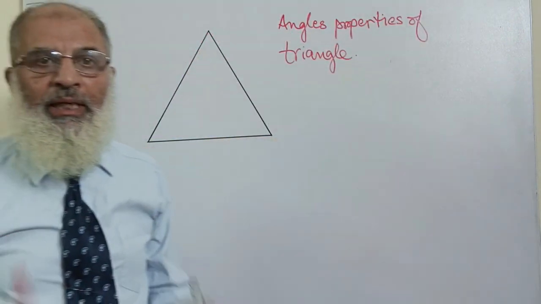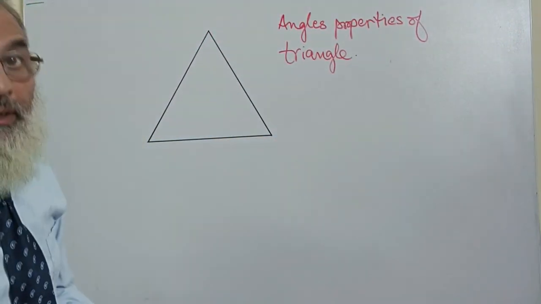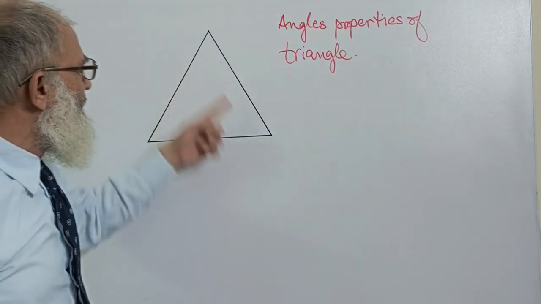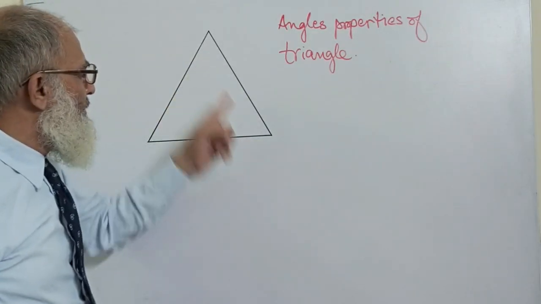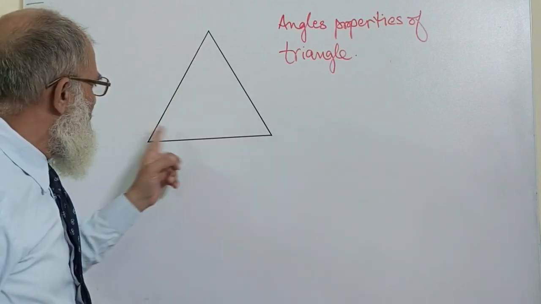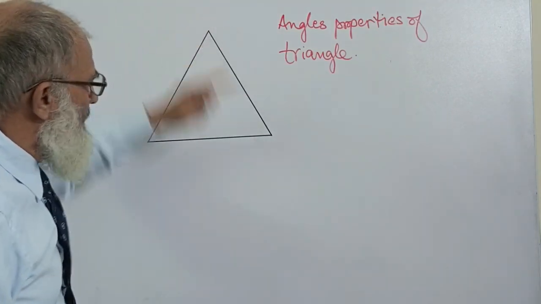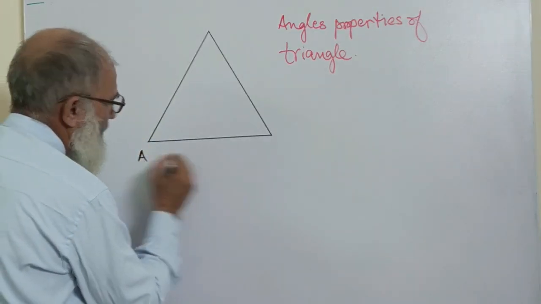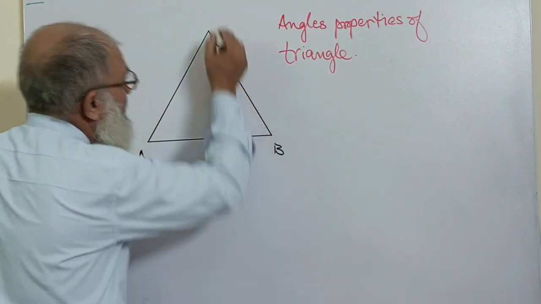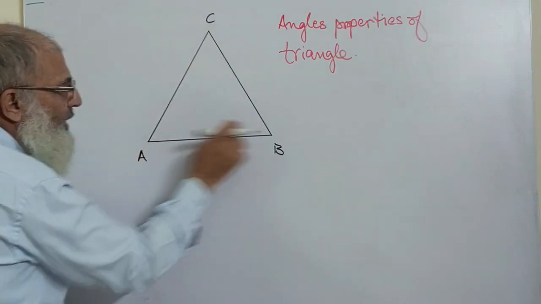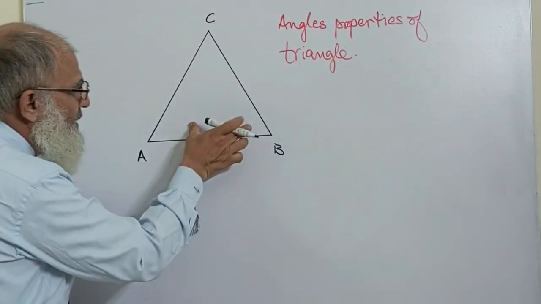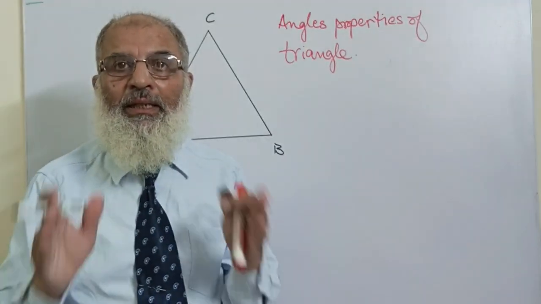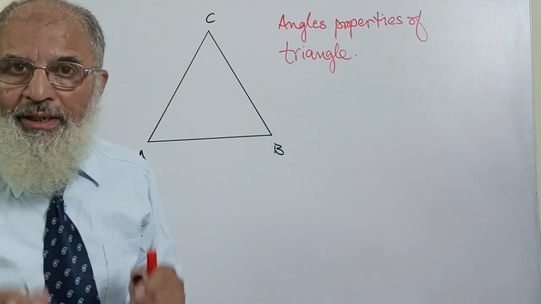Well students, as I told you, in a triangle there are three angles, A, B, C. In this triangle ABC, there are 3 vertices and 3 angles, and the sum of all the 3 angles is 180 degrees.